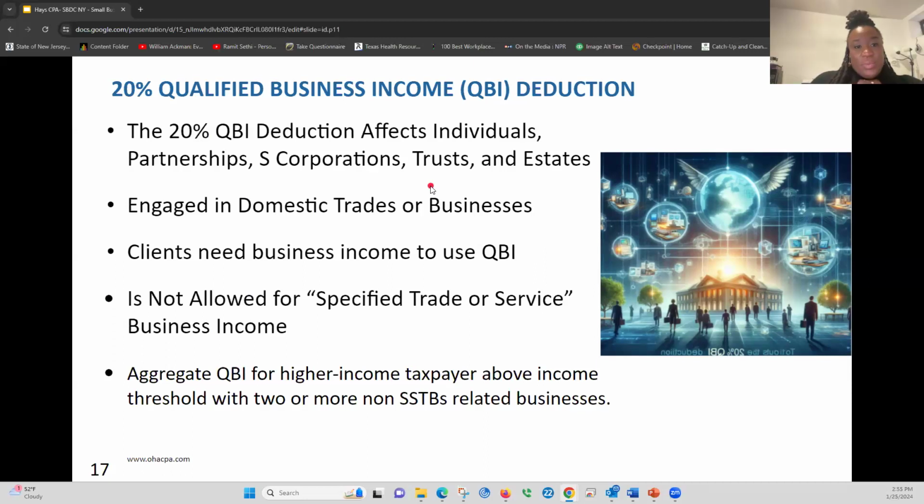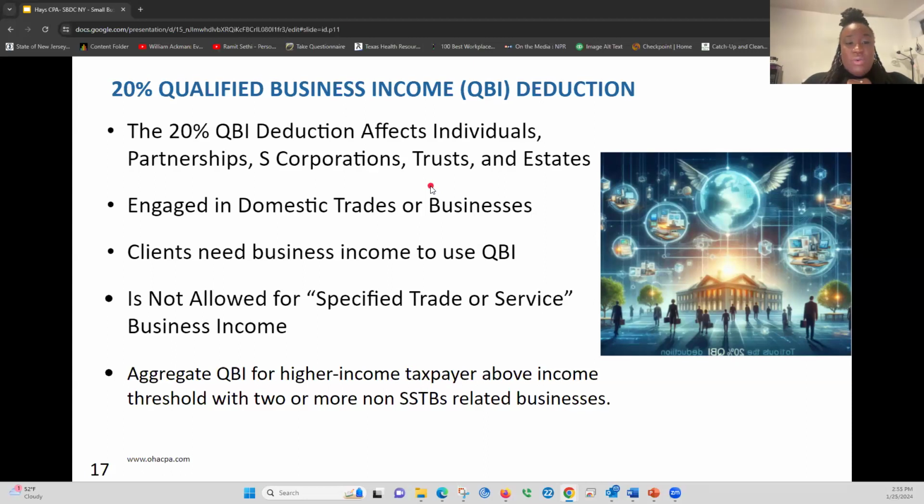With the QBI? Yes. The QBI deduction is something that came about in 2017 with the TCJA, and it allows pass-through entities, sole proprietors, partnerships, and S corps to deduct 20% of their business profits directly on their 1040. It's a really great deduction in that you do not have to itemize to get it.